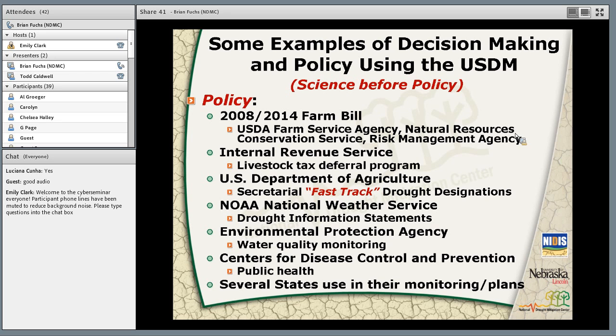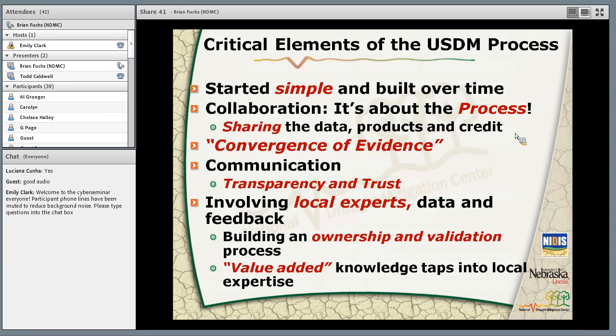And many states are using the drought monitor within their state drought task force and state drought plans as a triggering mechanism. For example, if an area hits D2 in a state drought plan, it says that that area that is now impacted by D2, they need to start voluntary water restrictions. And so that's just an example of how the drought monitor has started to be used more so in policy.